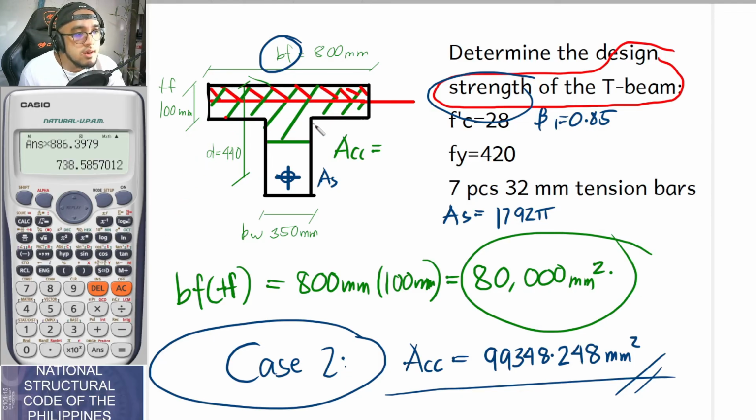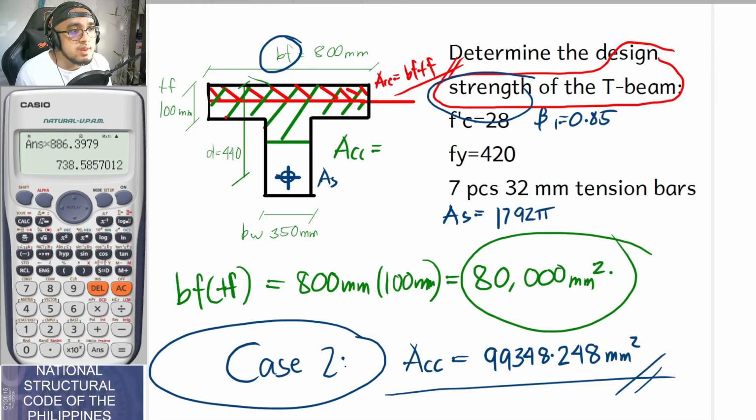So as you can see, you will no longer be dividing here. And for the value for your ACC for case number 1, that is basically BF times TF only. So take that into consideration guys. And once again, take note that this example is only for positive moments.